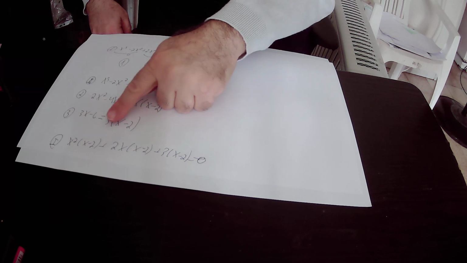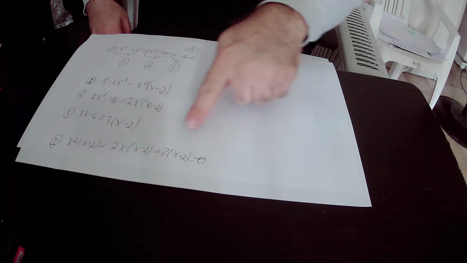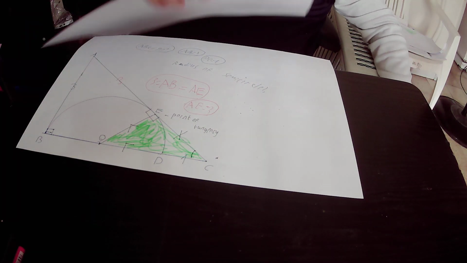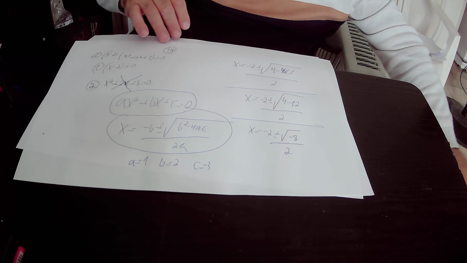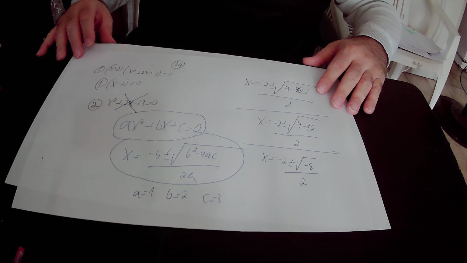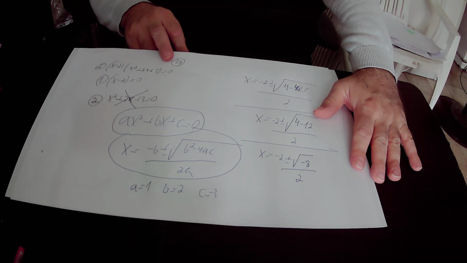So from here we can take a common factor of x minus 2 out of equation number 2, and after we took a common factor of x minus 2 from equation number 1, we got this expression: x minus 2 times x squared plus 2x plus 3 equals 0.